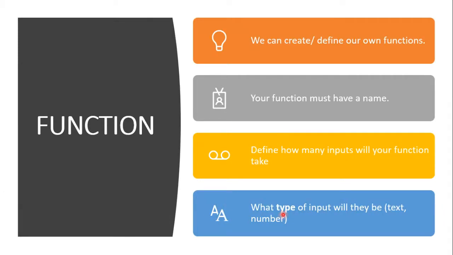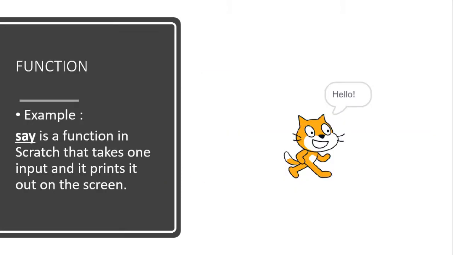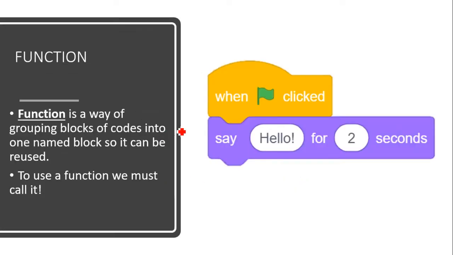And lastly, we look at what type of inputs you want your function to take. Like in our example here, we've said we have 2 inputs. The first input is taking text, which is the hello, or it can even be jumbo. It can even say, how are you doing?